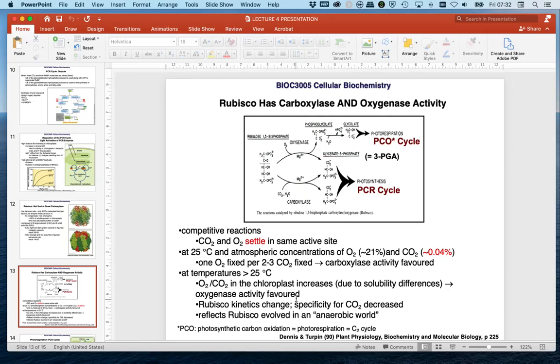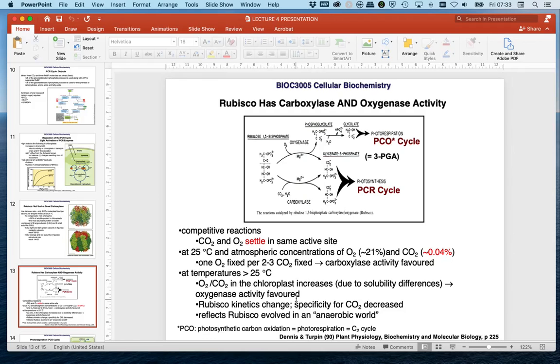So at 25 degrees, and atmospheric concentrations of oxygen, which is about 21%, and CO2, which is now about 0.04%, okay, and as you know, increasing. Under those conditions, 1 oxygen molecule is fixed for every 2 to 3 CO2 molecules. And so that says the carboxylase activity is favored under those conditions.